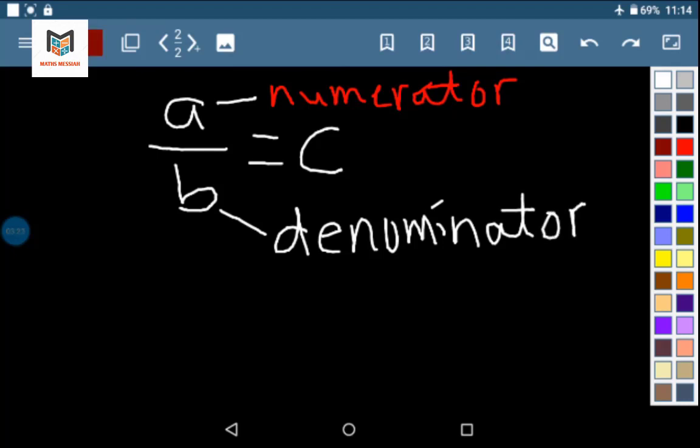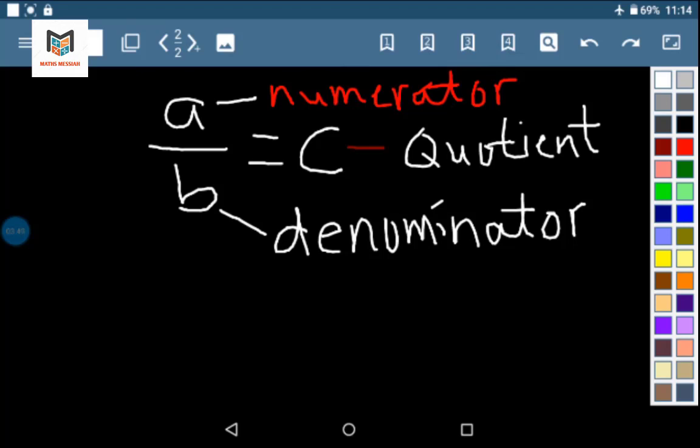And this one is called the quotient. So the answer you get is called the quotient. So know this.